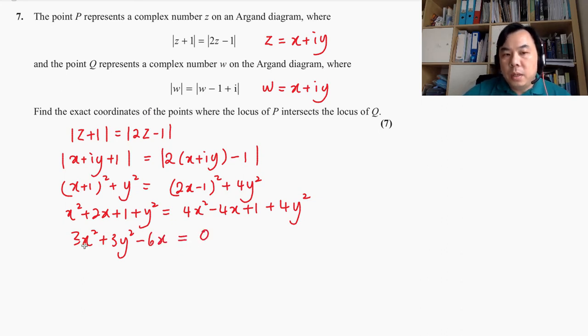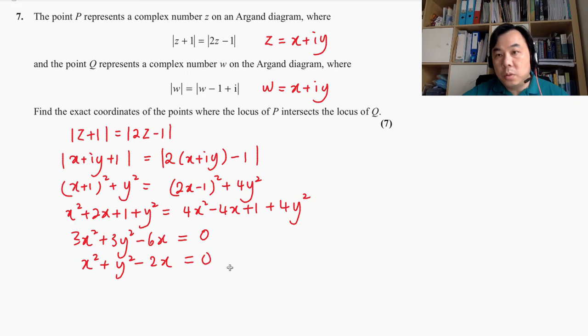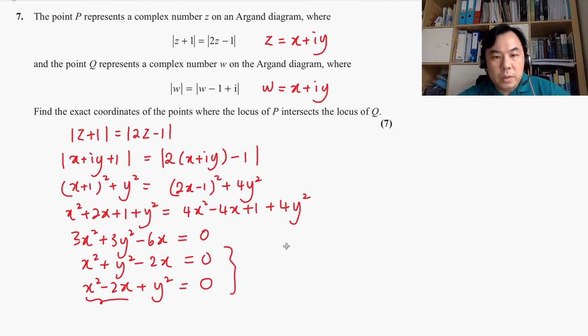And then by completing the square here, maybe it's better we just simplify this a bit. So you simplify this a bit, you will get 2x equals 0, like this. And then completing the square for this part here, just complete the square for this section. That would actually give us x minus 1 squared plus y squared equal to 1.